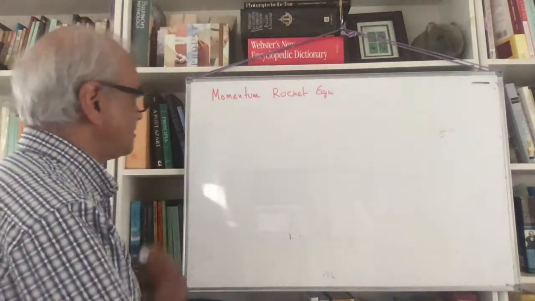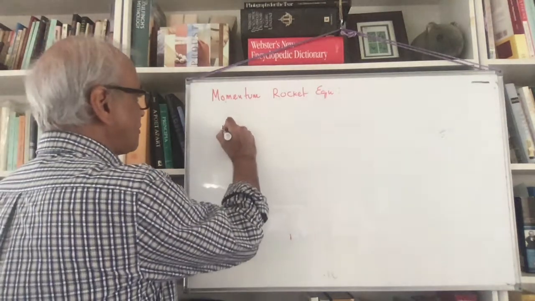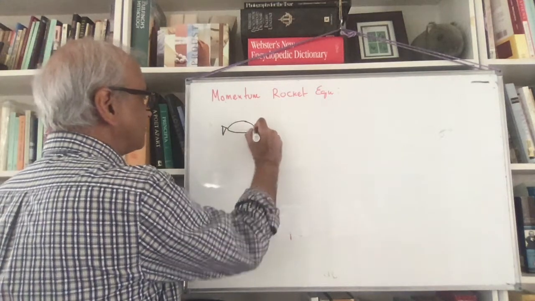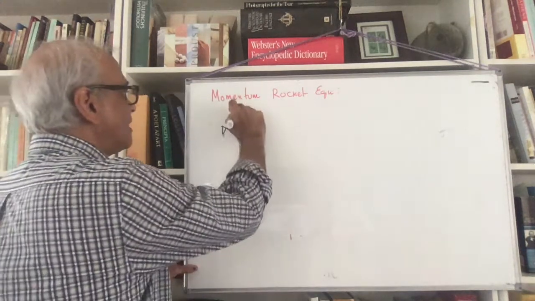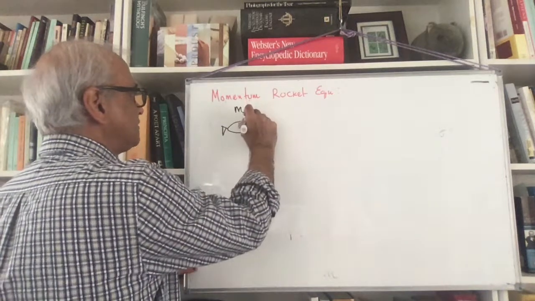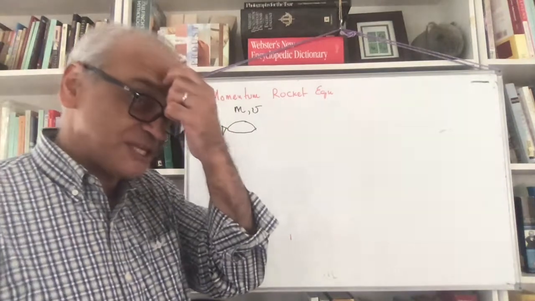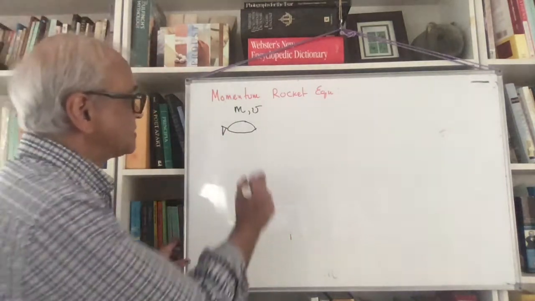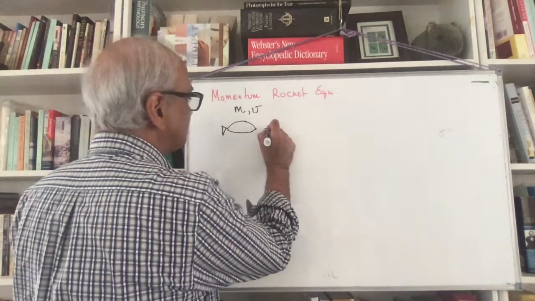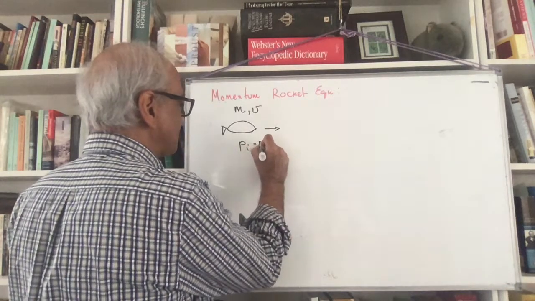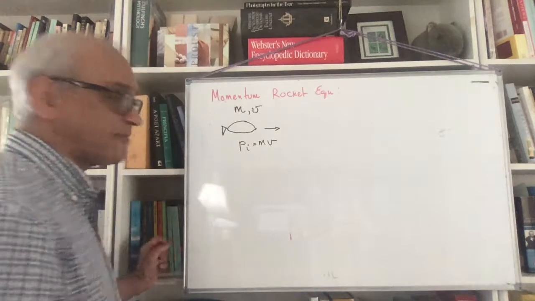So it's a momentum problem. What you have here initially is a rocket traveling. It has a mass m and a velocity v. Well, my rocket looks like a fish over here, but that's all right. So the initial momentum is mass times velocity, mv.